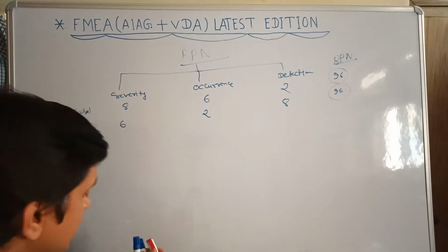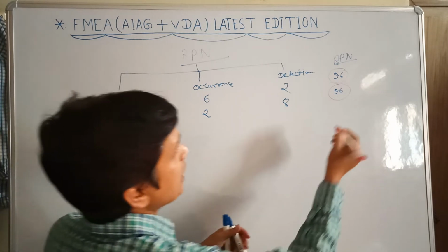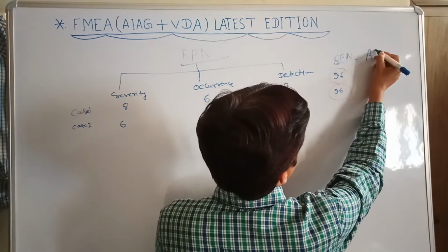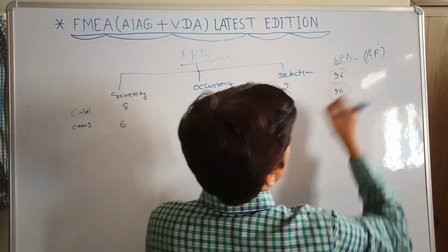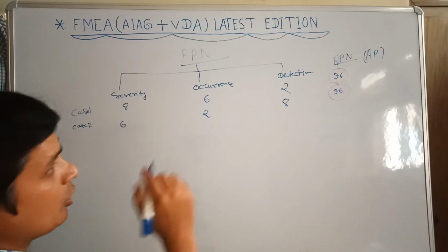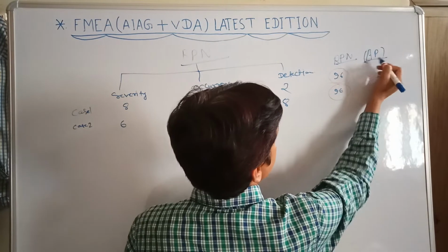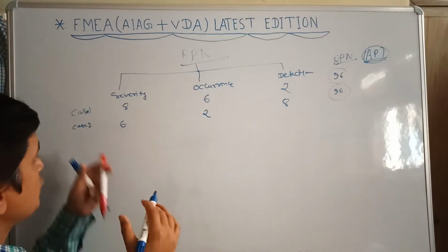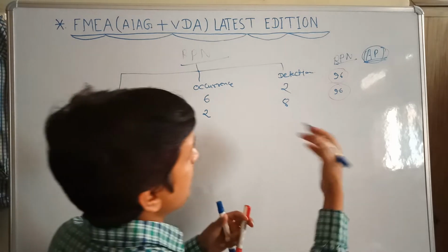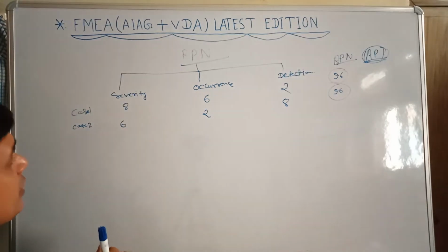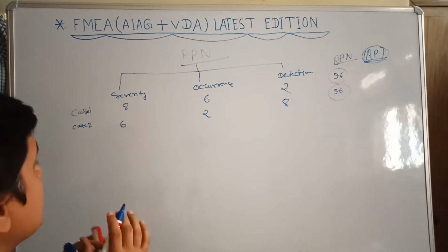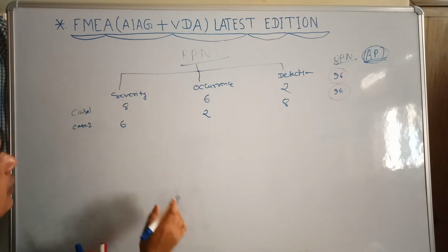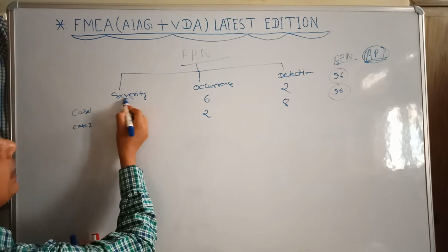In this latest edition, the RPN is changed into AP, which is called Action Priority. In the latest edition, if two cases have the same AP, we have to take action where the severity is higher.